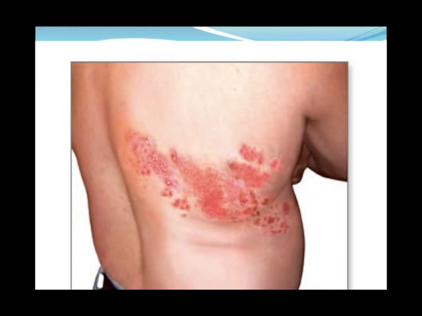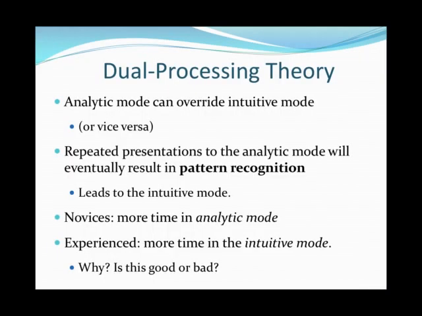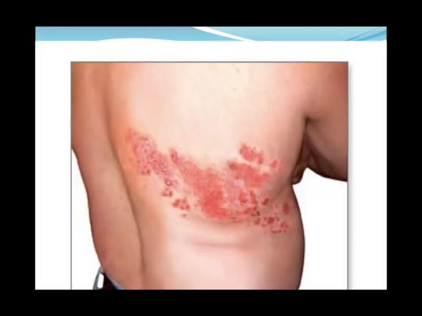But if you've seen it a lot of times, you would know that this is shingles or herpes zoster, and just very quickly. So the experience in this case, is that a good or a bad thing that I knew that just by looking at the rash?